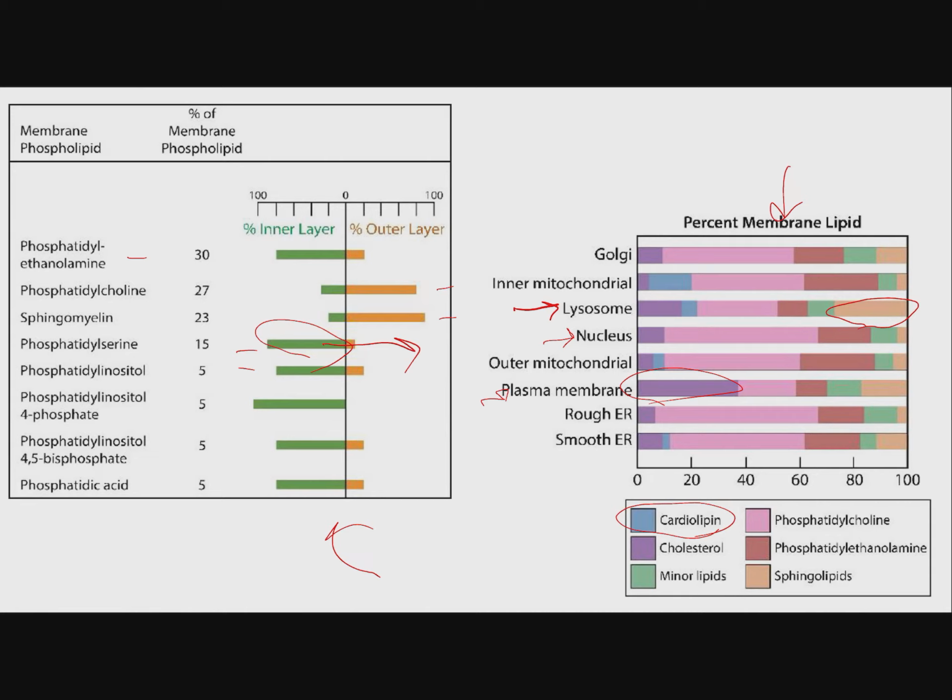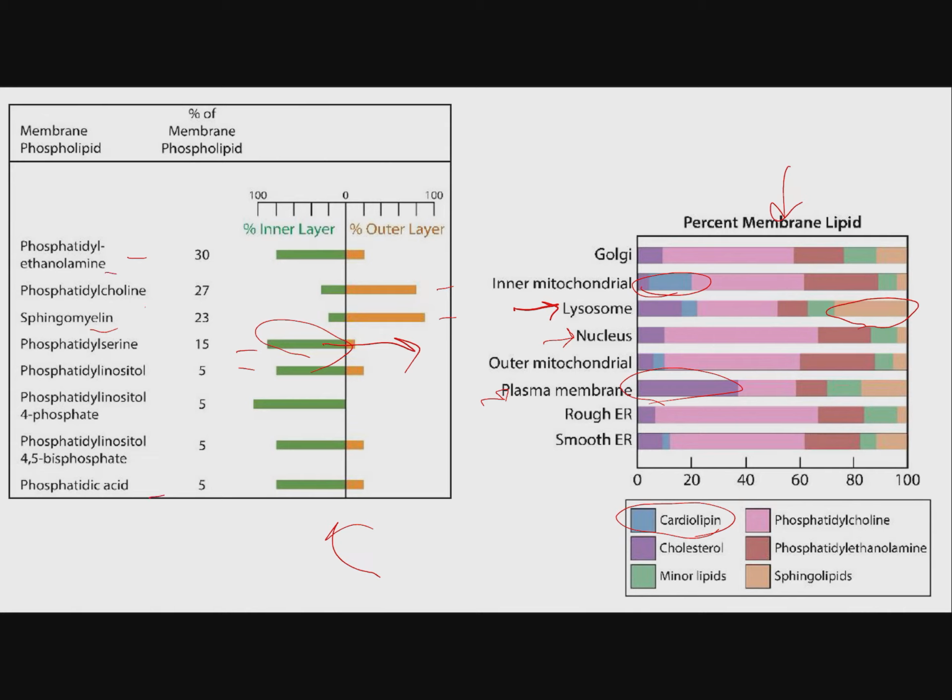It is interesting, though, that the cardiolipin is almost only found in the mitochondrial membranes. You see how much it is there.